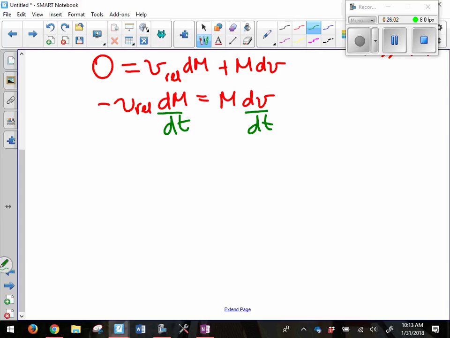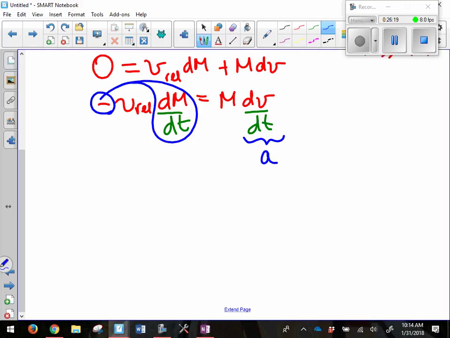So what's this? dv dt. That's going to give me acceleration.